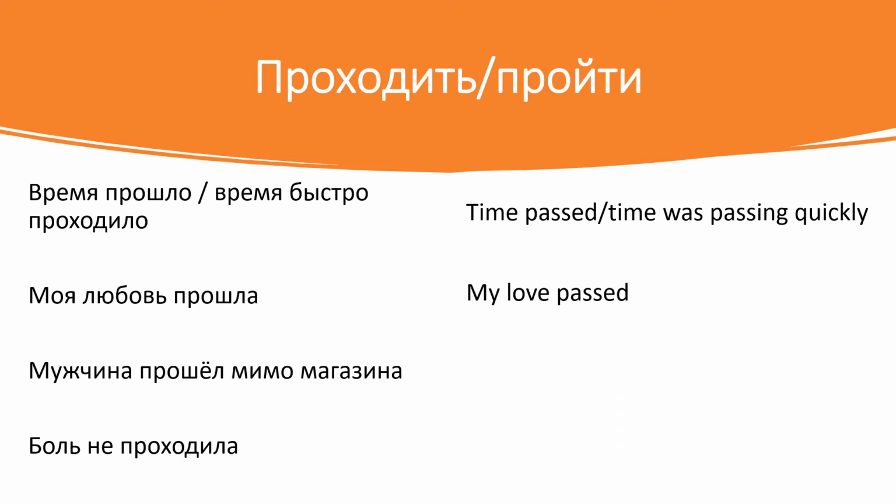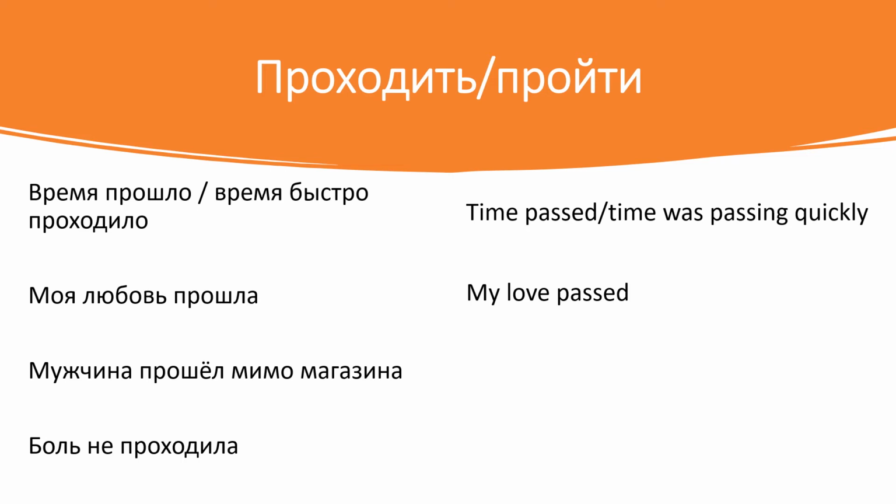Мужчина прошёл мимо магазина. So мужчина is quite an interesting word because it declines like a feminine noun, but the adjectives which describe it and the verbs that it's the subject of treat this noun as masculine. So on the outside, to the adjectives and to the verbs, it's masculine, but on the inside it declines as a feminine noun.